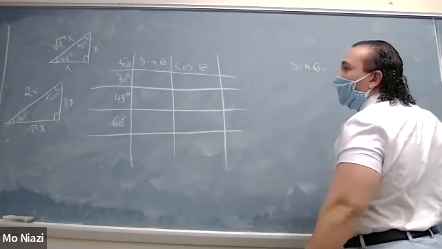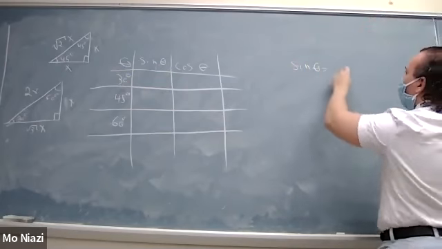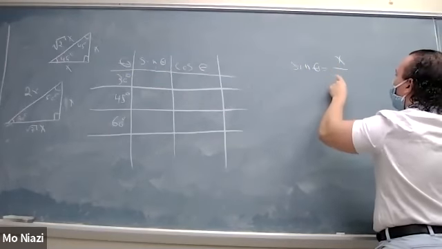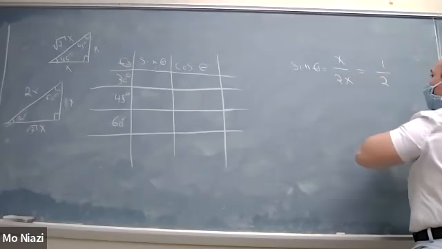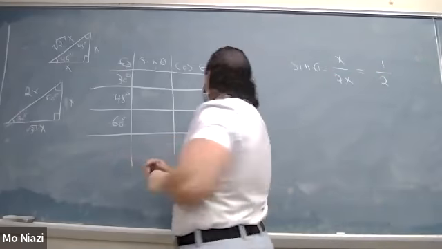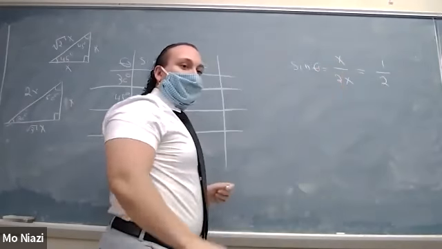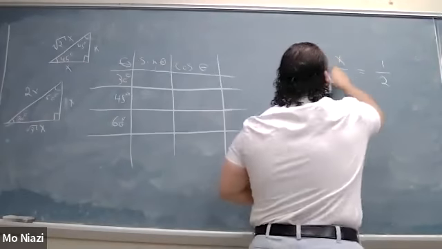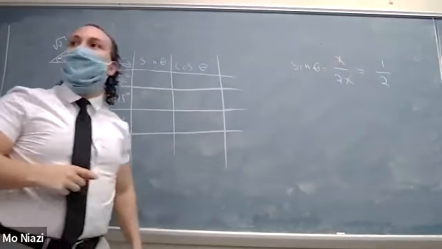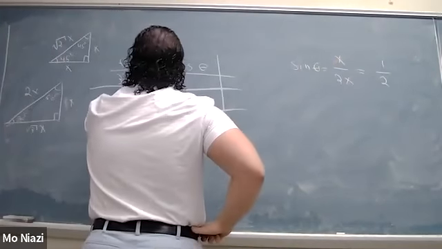X over 2x. Yes, opposite over hypotenuse. Notice that the x's cancel out, so this ends up becoming a 1/2.